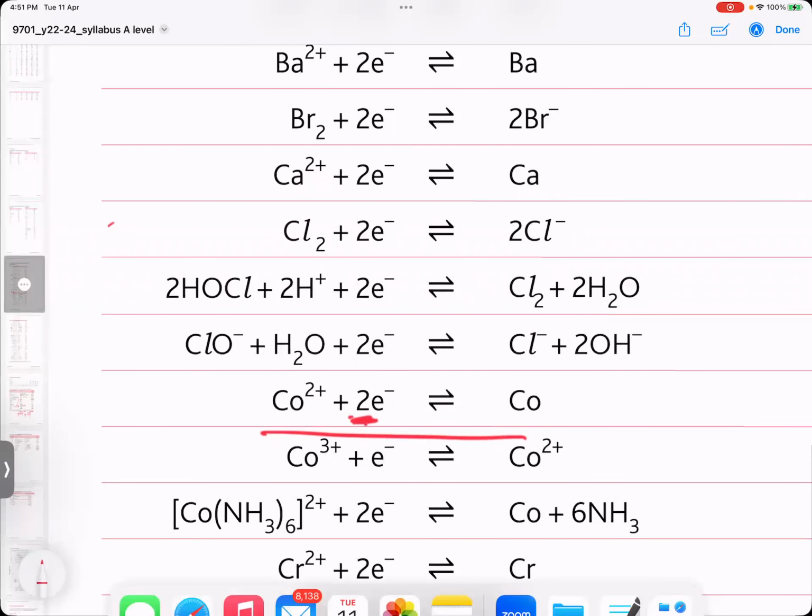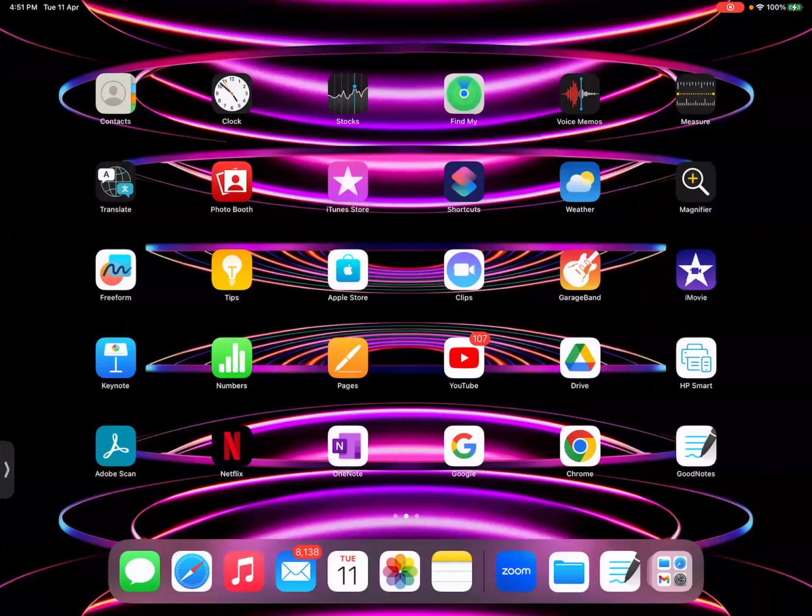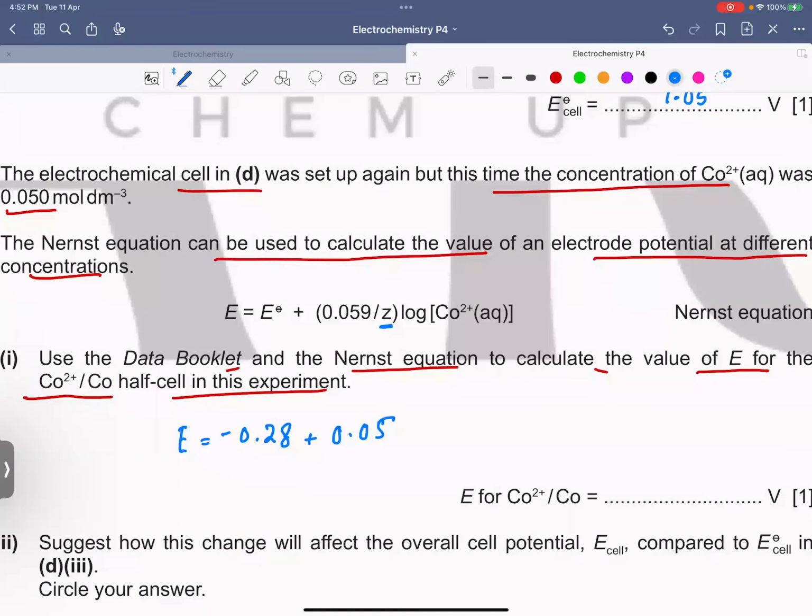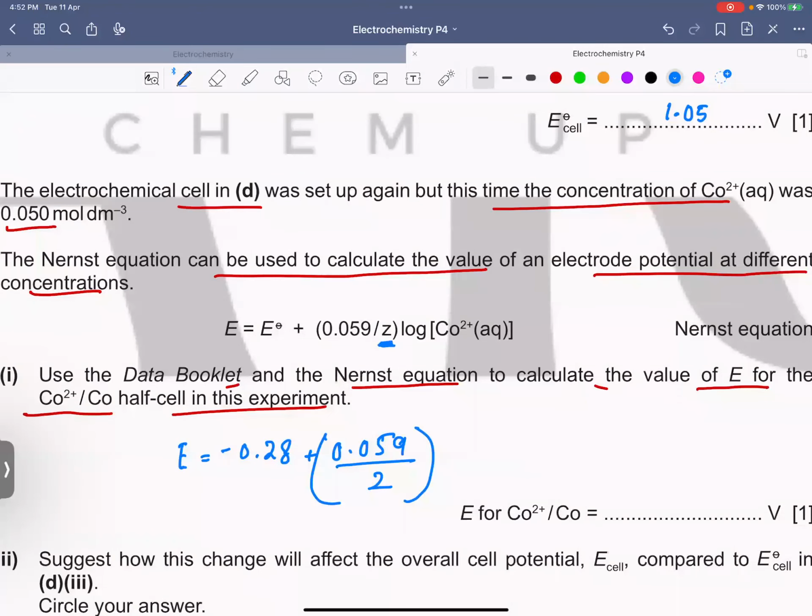So these electrons are basically Z, 0.059 over 2, then log of Co2 positive, that is 0.050.